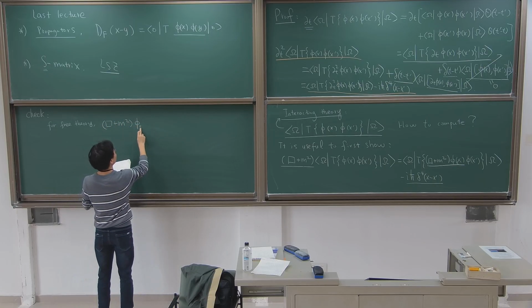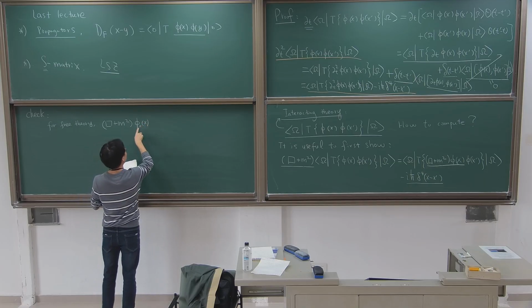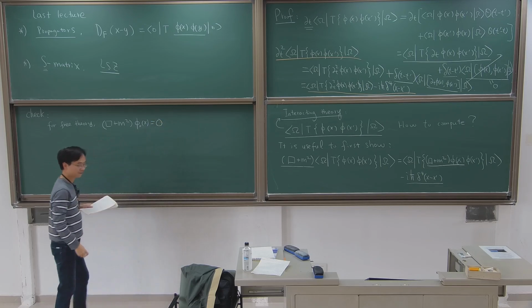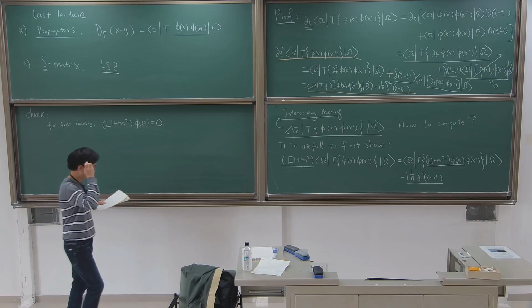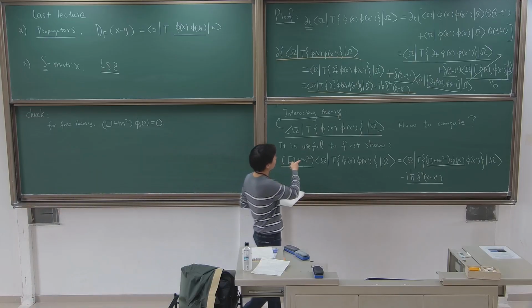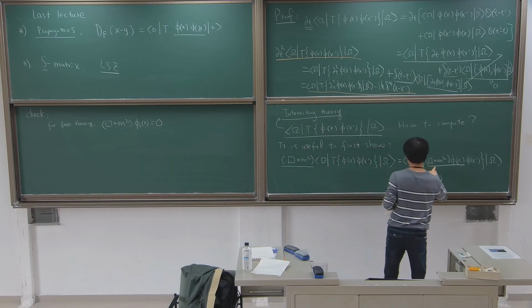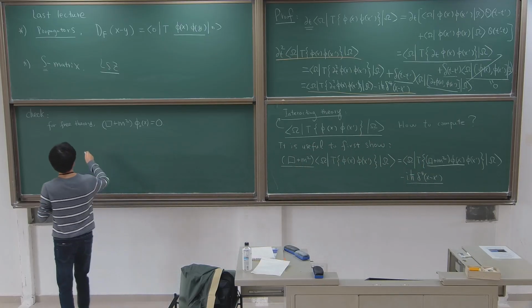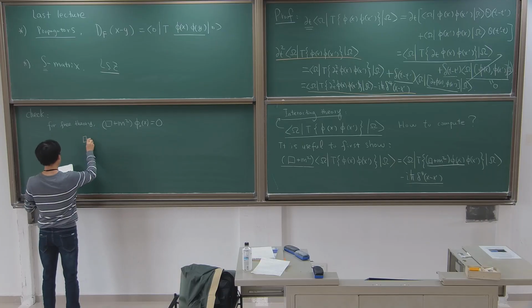This naught means the theory is free. Then this is the equation of motion. Then the claimed equation we claimed before simply becomes a Green's function equation.